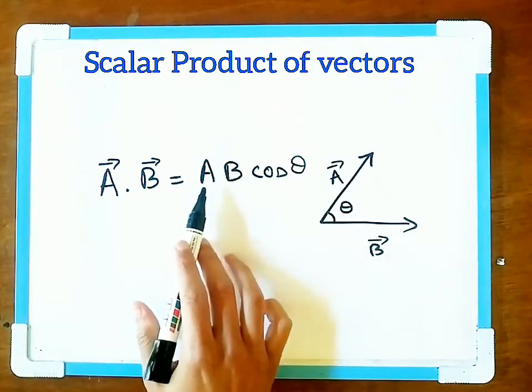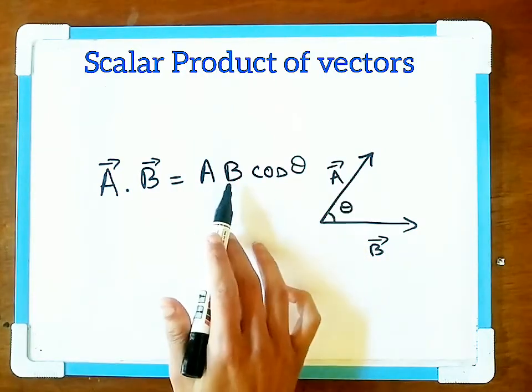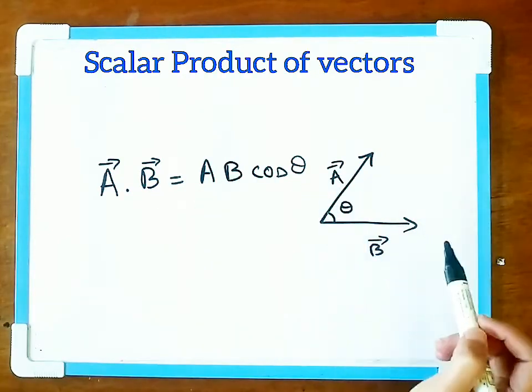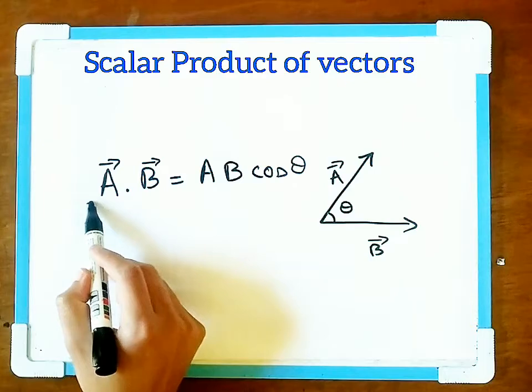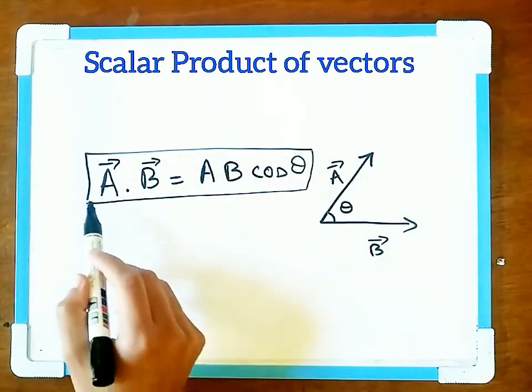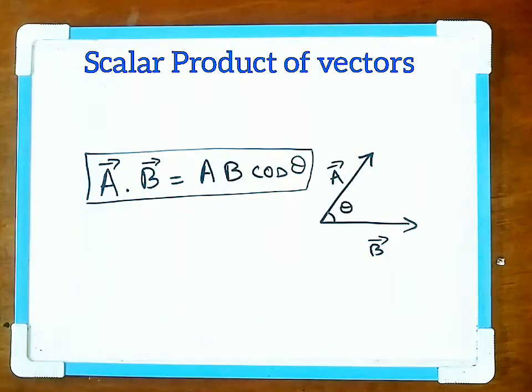Now a is the magnitude of the a vector, b is the magnitude of the b vector, and theta is the angle between the two vectors. So this is the scalar product of two vectors, or we call it the dot product of two vectors a and b.